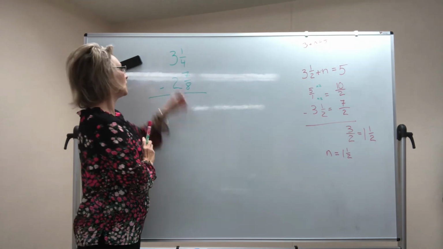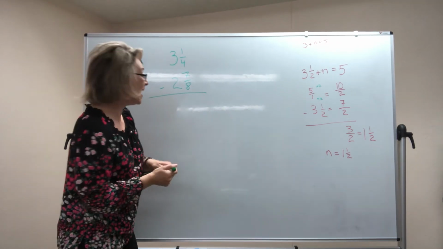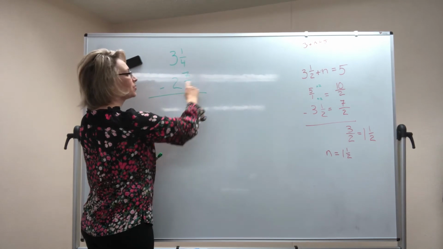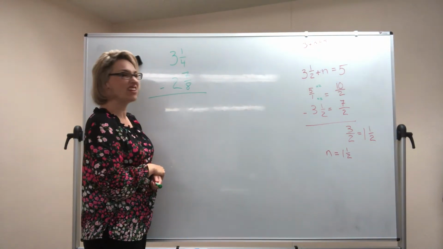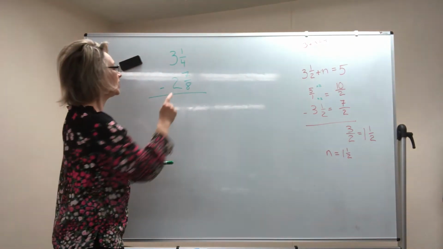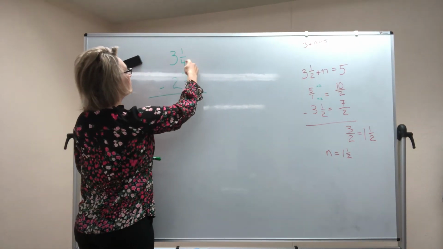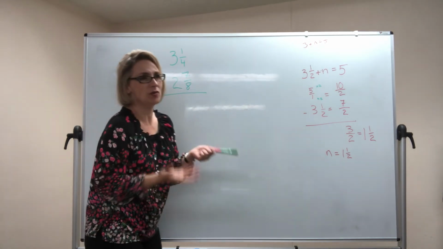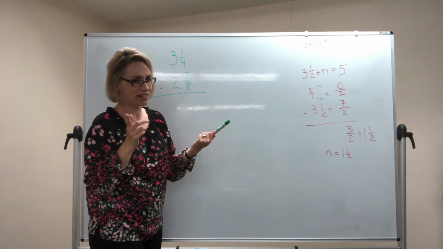Obviously it is, because we know this has a 3. But which is bigger, 1/4 or 7/8? 7/8 is bigger, the one we're taking away. So this is why you can't just say, oh, 3 2/8 minus 2 7/8, because you can't take 7/8 from 2/8. Does that make sense to you?